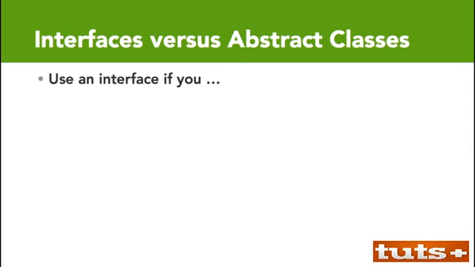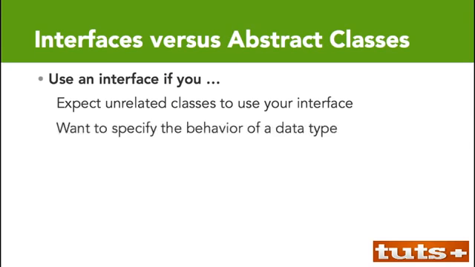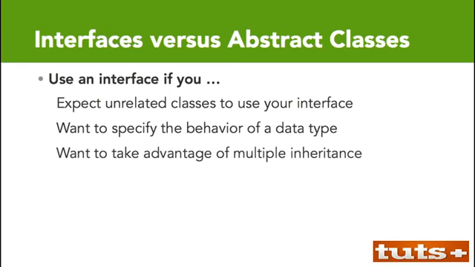You want to use an interface if you expect that unrelated classes would implement your interface. For example, the interfaces Comparable and Cloneable are implemented by many unrelated classes. You would use an interface if you want to specify the behavior of a particular data type, but you're not concerned with who implements its behavior. And finally, use an interface if you want to take advantage of multiple inheritance. You can only extend one class, but you can implement one or many interfaces.